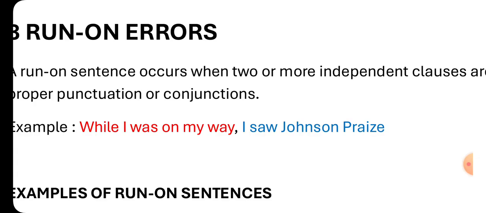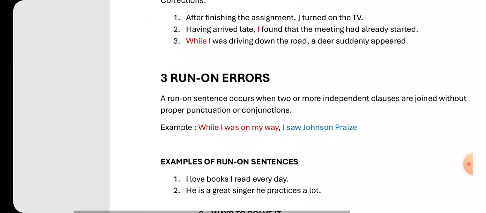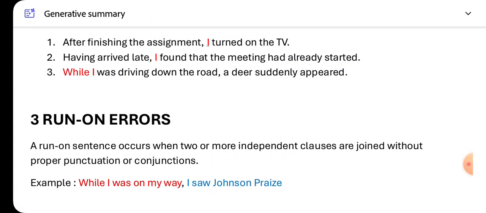So words like this, dependent and independent, in a situation where two independent clauses are joined together without any punctuation, most of the time you make some of these mistakes. Do you get it? I saw Johnson Praise. I went to greet him, and the person will not bring any comma or punctuate the words.